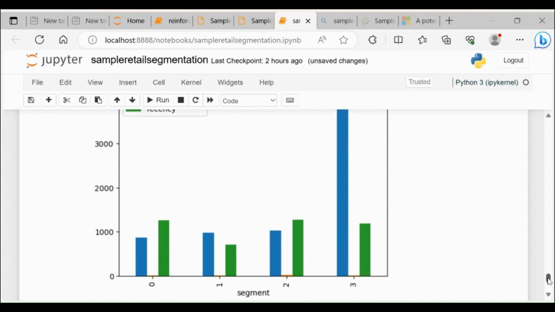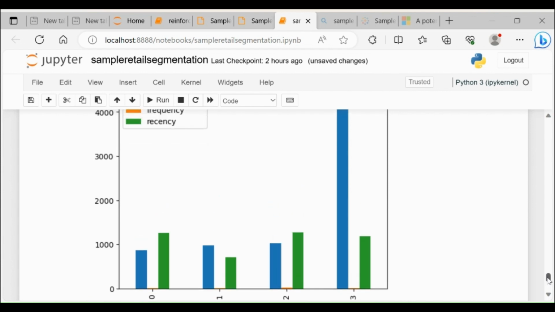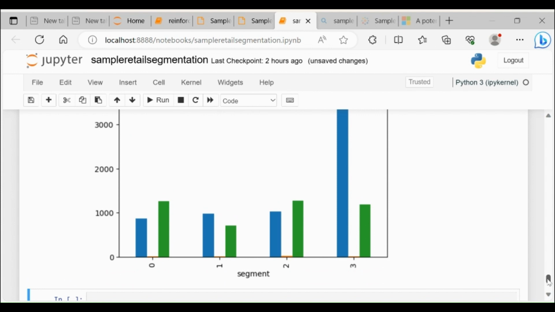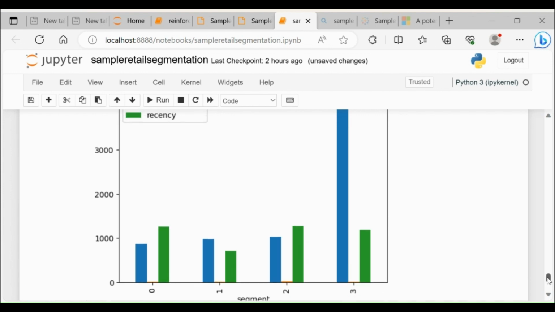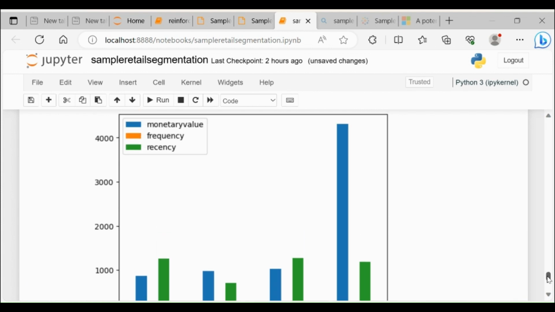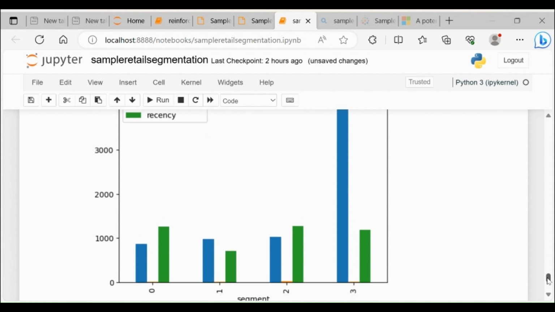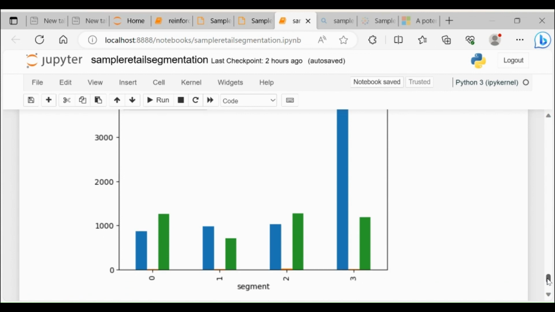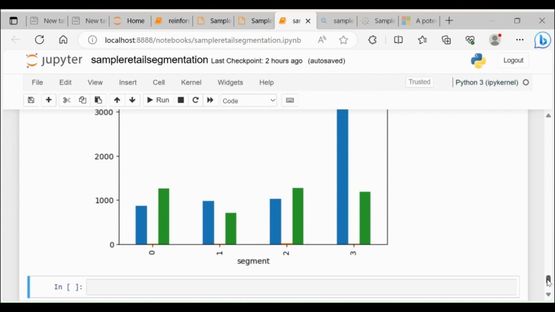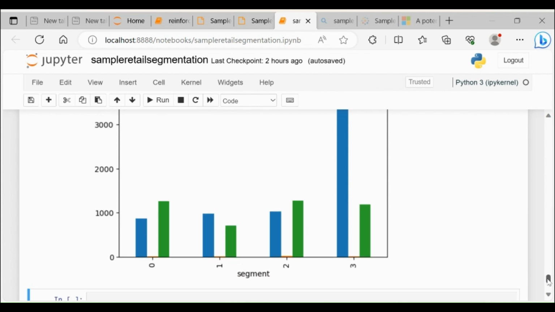So in terms of a recommendation, since segment 3 is showing us the highest characteristics compared to all other segments, we will classify segment 3 as probably a high tier segment. Then it's probably a toss up between these two segments. So probably these two segments would be middle tier segments, and these would probably be lower tier segments.